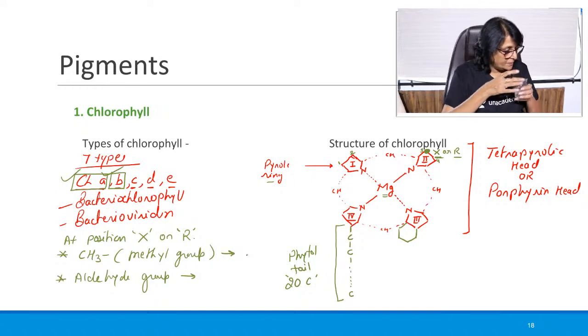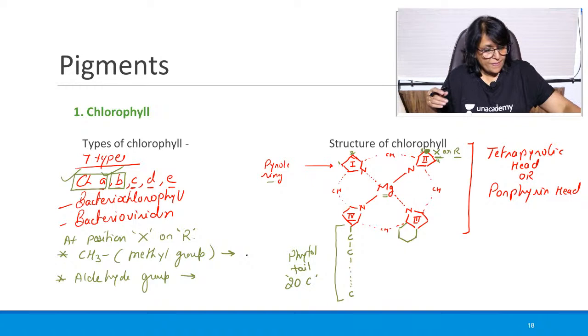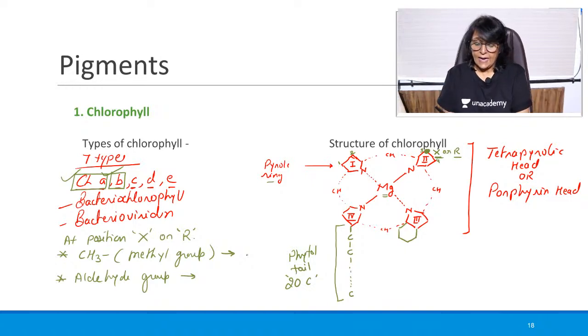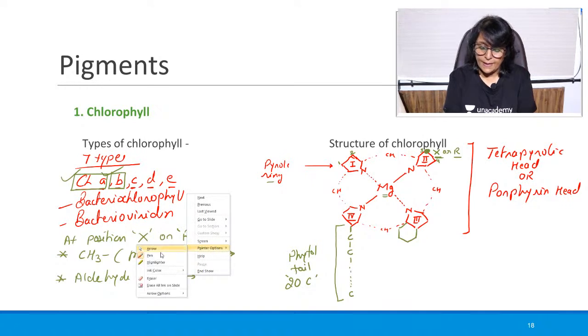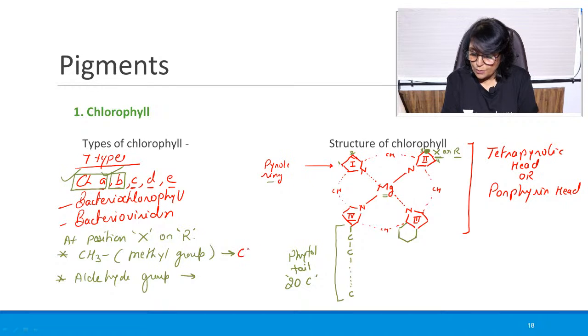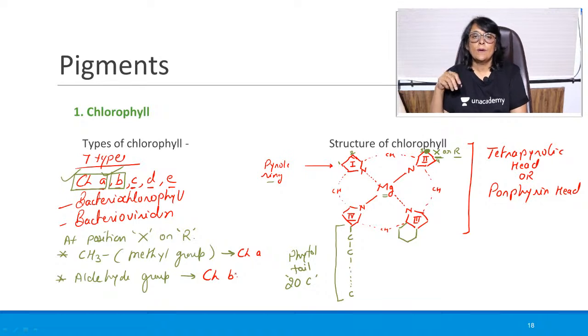So if at position X there is a methyl group, then in that case it is going to be chlorophyll A, and if at that position it is an aldehyde group, it is going to be chlorophyll B. So we have seen the types, and what is the difference in chlorophyll C, D, E and so on?